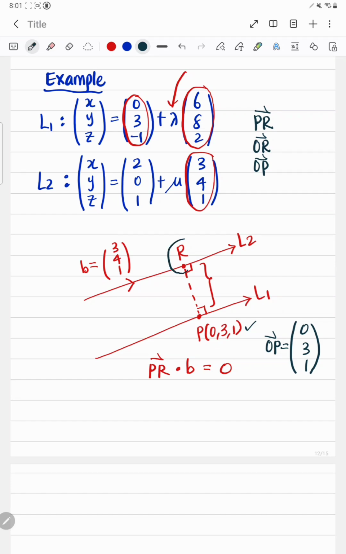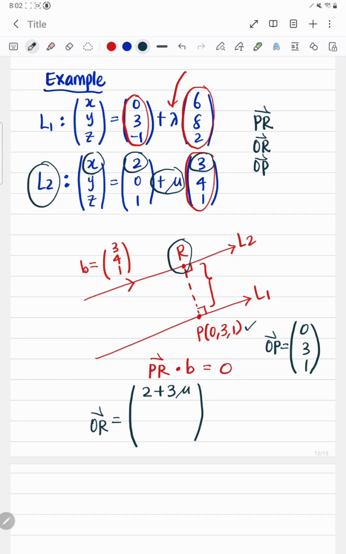Because we don't know what point R is, but point R lies on line 2, we can use the general point on line 2 to represent OR. That means OR is the general point of line 2, so we can refer to line 2 here. X is 2 plus 3 mu.